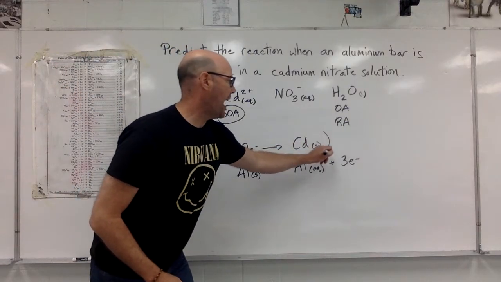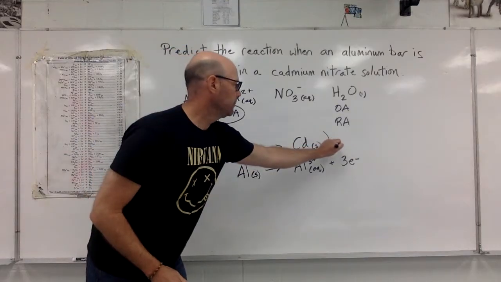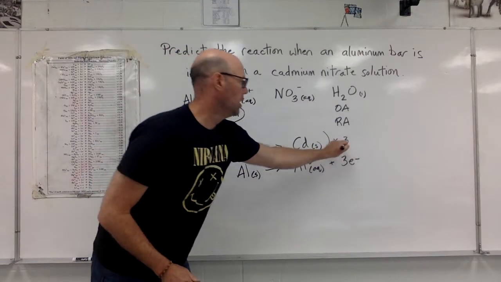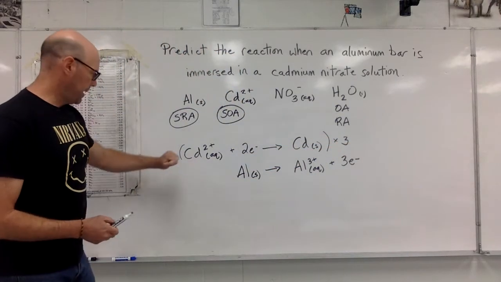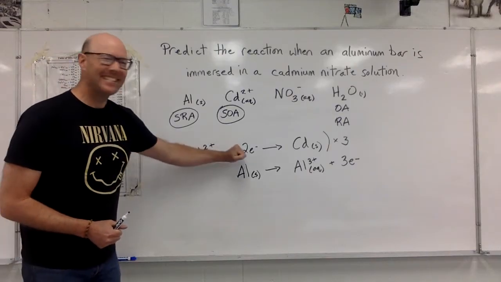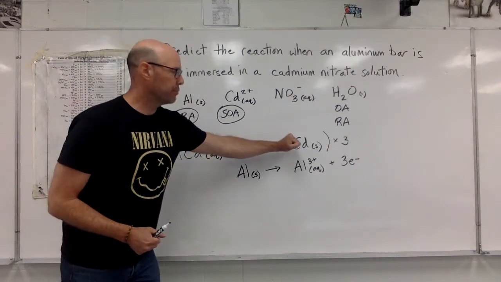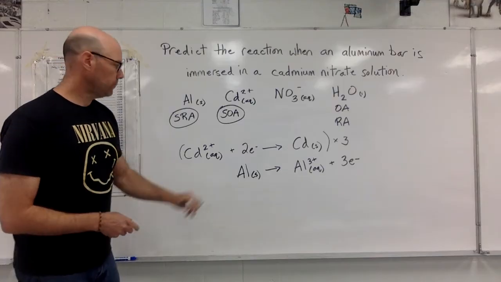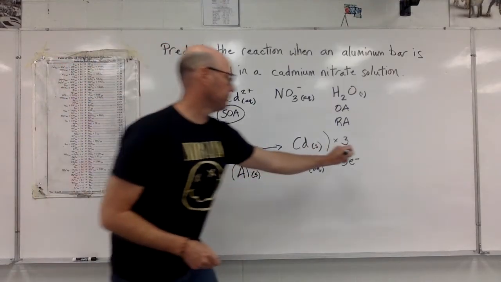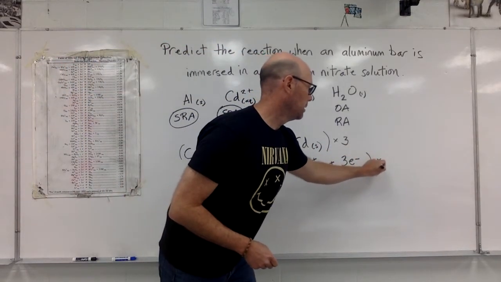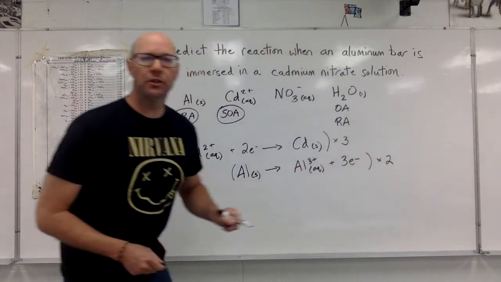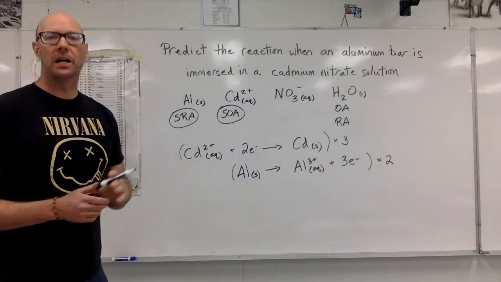This half reaction for the cadmium, I'm going to have to multiply it by 3. That would make 3 cadmium ions, 6 electrons, and 3 cadmium solids. With the aluminum down here, I'm going to multiply that half reaction by 2.